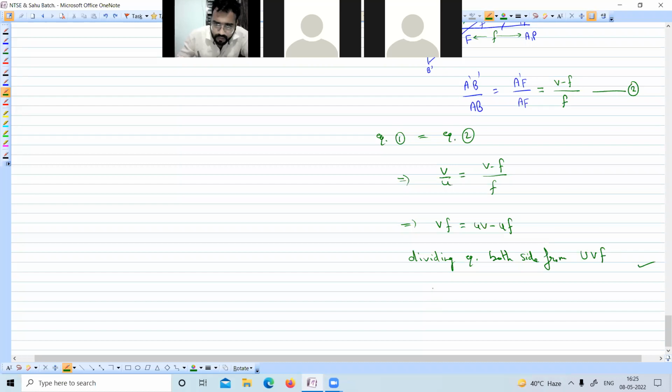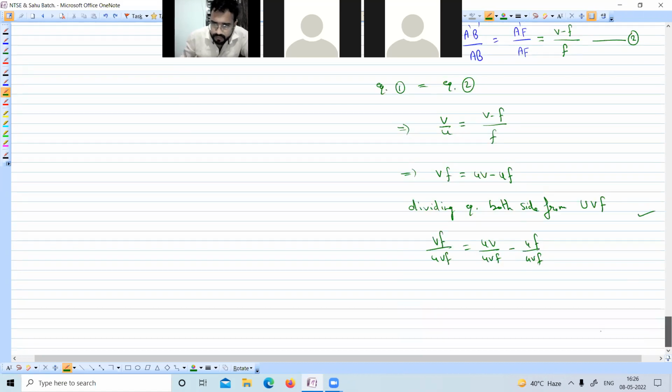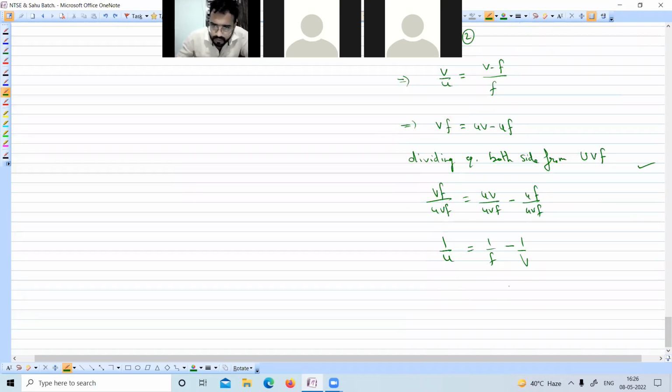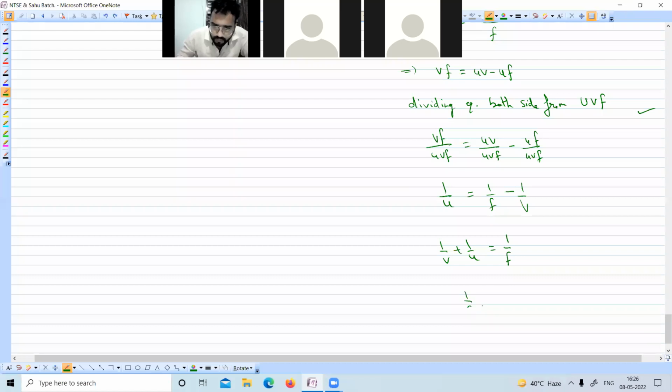What we get is VF upon UVF is equal to UV upon UVF minus UF upon UVF. What we get is 1 upon U is equal to 1 upon F minus 1 upon V. So what ultimately I am getting is 1 upon F is equal to 1 upon V plus 1 upon U. Okay. So this is the mirror formula you are getting.